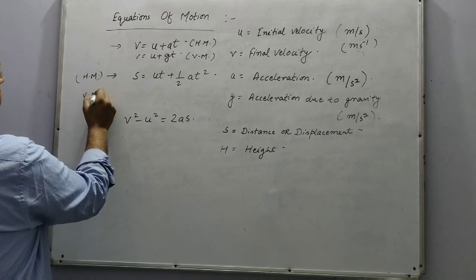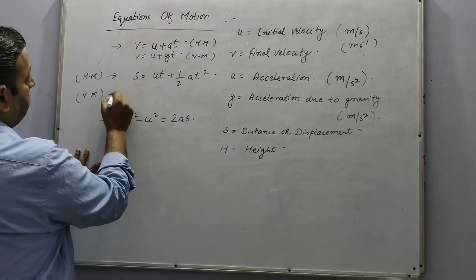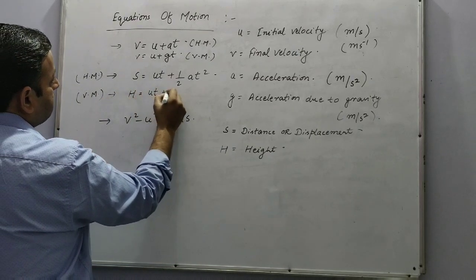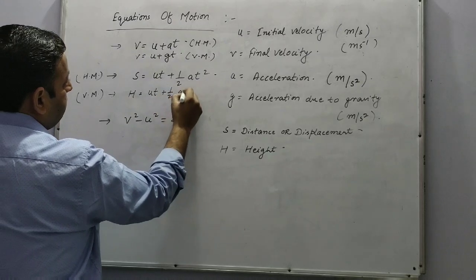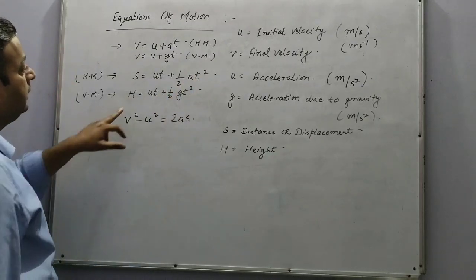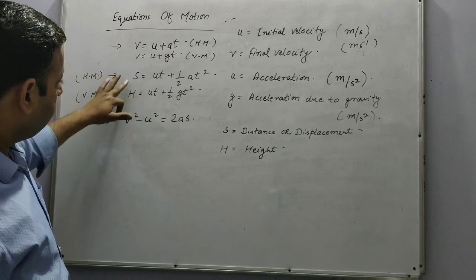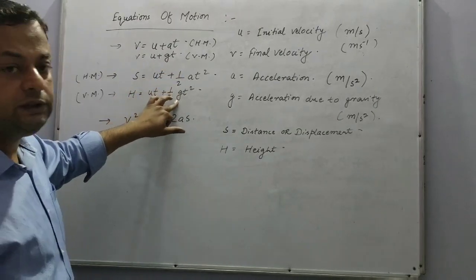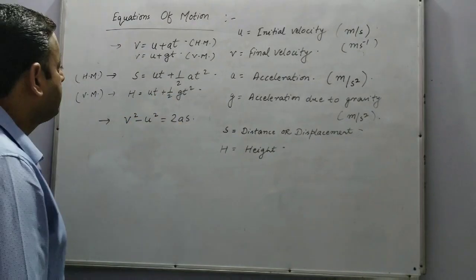When we consider it under vertical motion, we write the equation as H is equal to ut plus half gt square. In place of S we write H, in place of A we write small g, acceleration due to gravity.